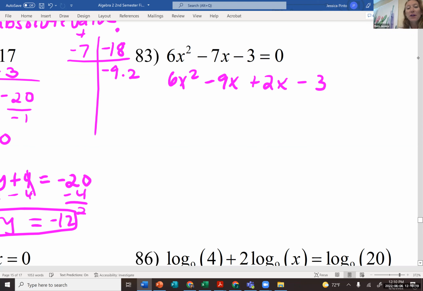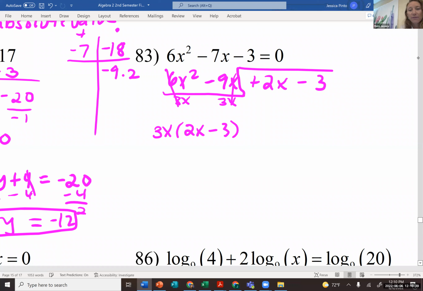Now I have 4 terms, so I underline the first 2 and draw a line under the last 2 to visually help me separate where I'm taking out my GCF. 6 and 9 are both divisible by 3. Taking that 3x to the outside of parentheses and then doing the division, giving me 2x minus 3. Oh, cool. I see that the last part is 2x minus 3 already. So I'm just going to take out the +1 so that I'll be able to do the next step.